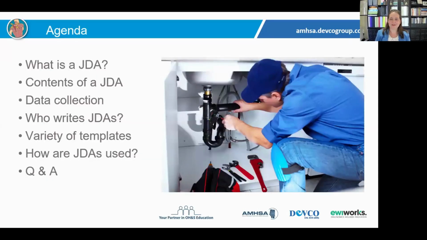So what we are going to do is talk about what a job demand assessment is, some of the typical contents of a job demand assessment, how data collection is completed, and who writes the job demand assessment. We'll talk about the variety of templates that exist, with pros and cons for each of them, which might help your organization if you're thinking of kickstarting some job demand assessments.